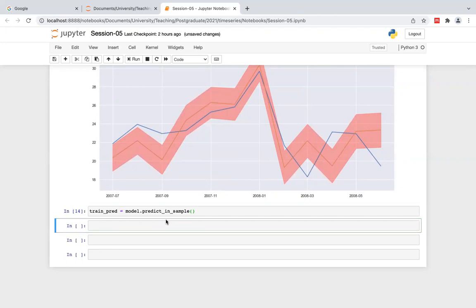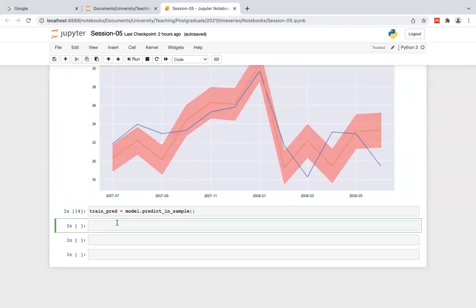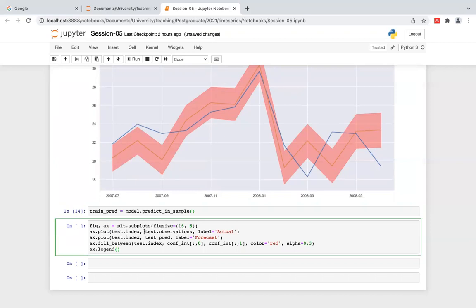Then I copy the previous one again and put it here. Figure size, no need to change. Instead of test, it should be train. Then actually I'm going to plot all the data in conjunction in here, right?